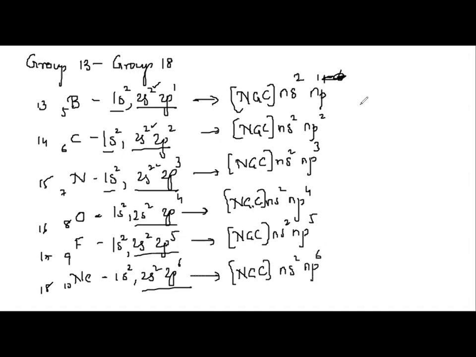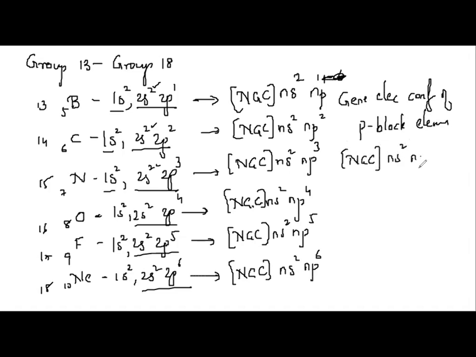So the general electronic configuration of p block elements is the noble gas configuration, ns2 fixed, and np varies from 1 to 6 electrons.